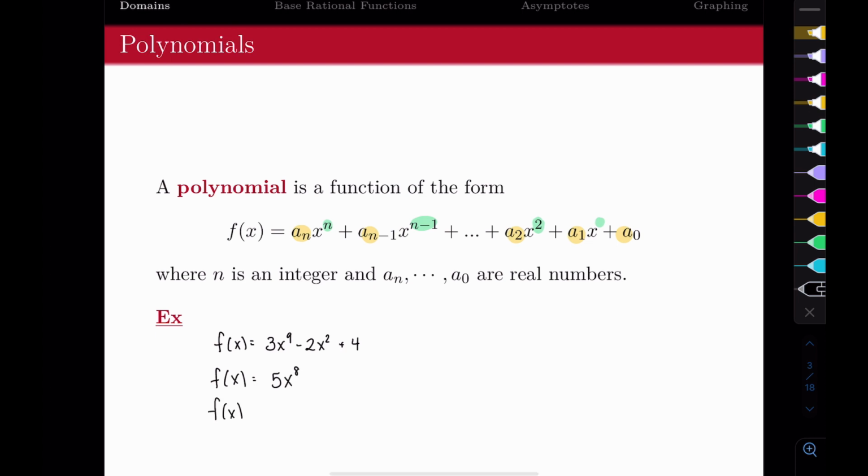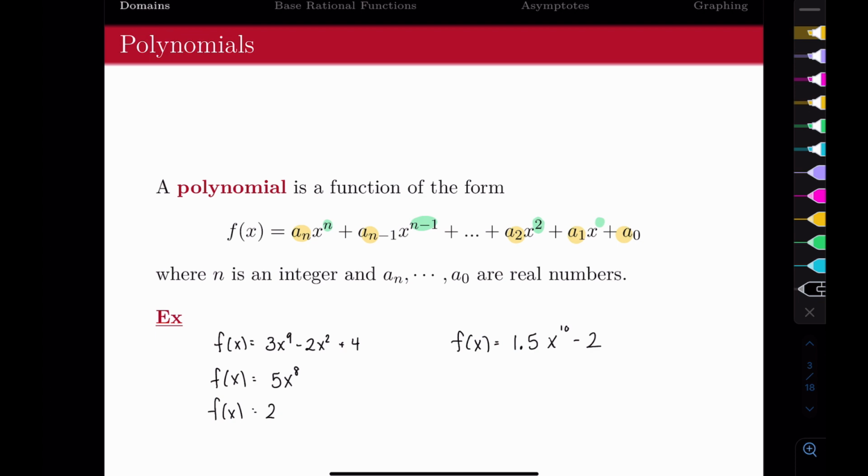Even just a constant function 2 is technically a polynomial. And then you can also have decimals as the numbers out front, like 1.5x to the 10th minus 2. The numbers out front don't matter, it's just the powers.